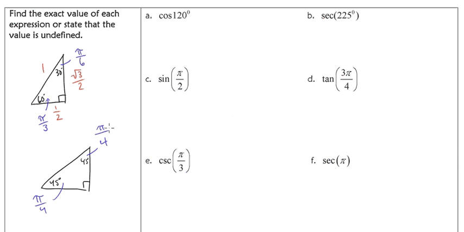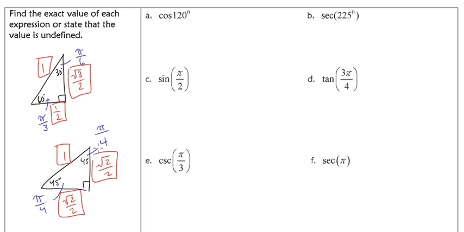All right, and with this one, our side lengths are going to be, if our radius is 1, the square root of 2 over 2, and the square root of 2 over 2. So there we are, and those are our pieces we're going to need as we work our way through.